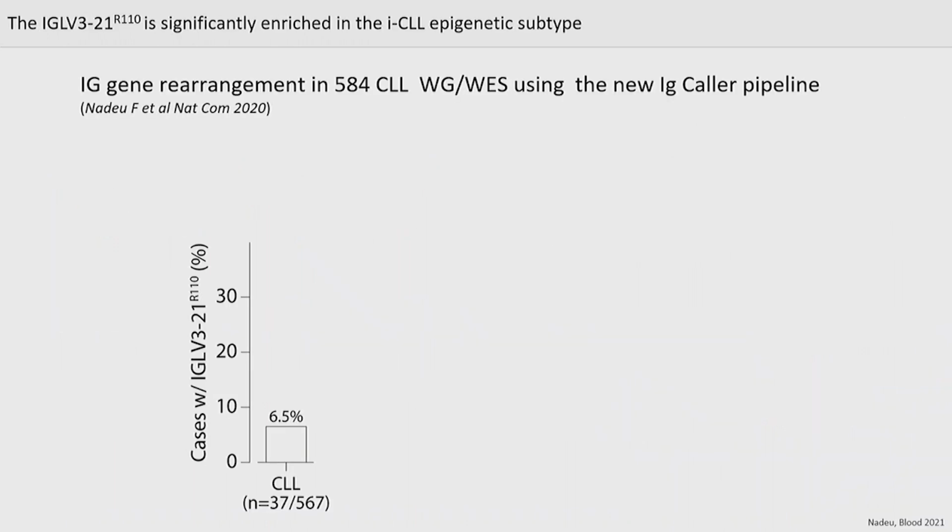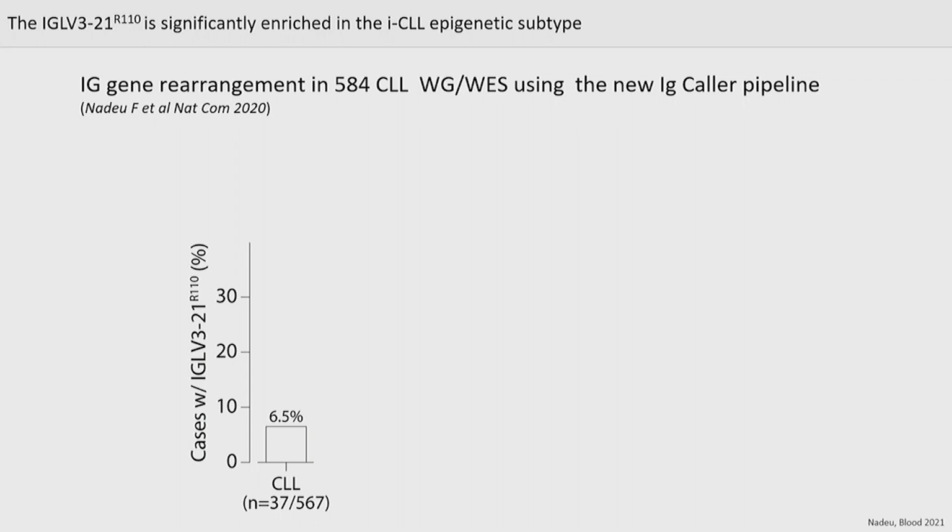This paper is what I call my reclusion paper, because it was in the COVID moment in which I was not allowed to go to the hospital, and I was at home, so I had more time to read, and I read all these papers, and I said, well, come on, we have the genomes of more than 500 patients, and we didn't see this mutation.